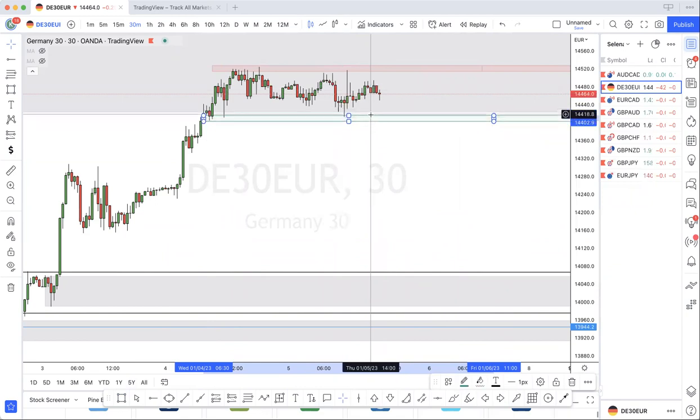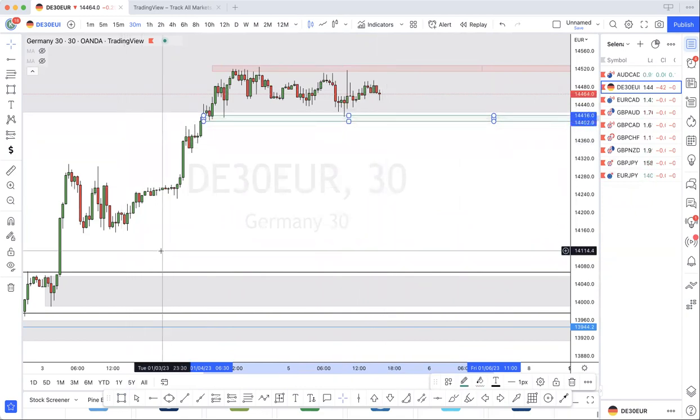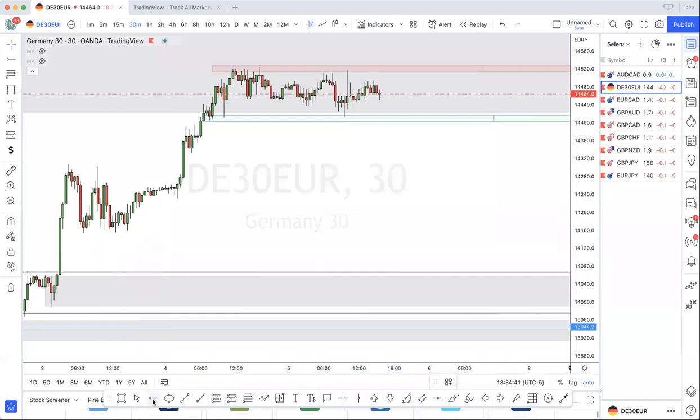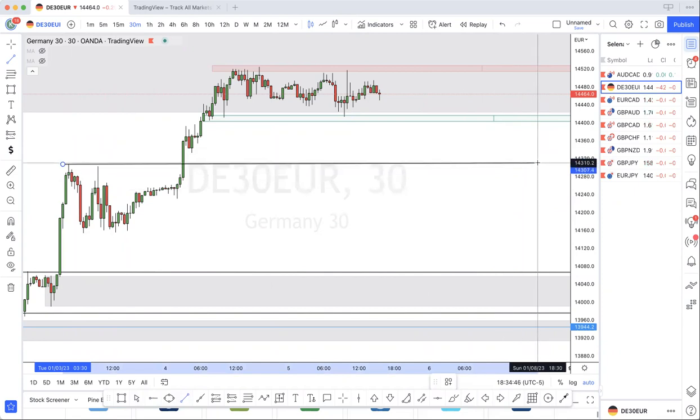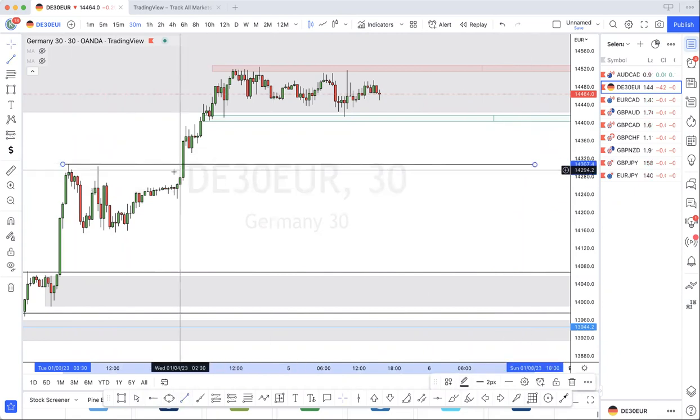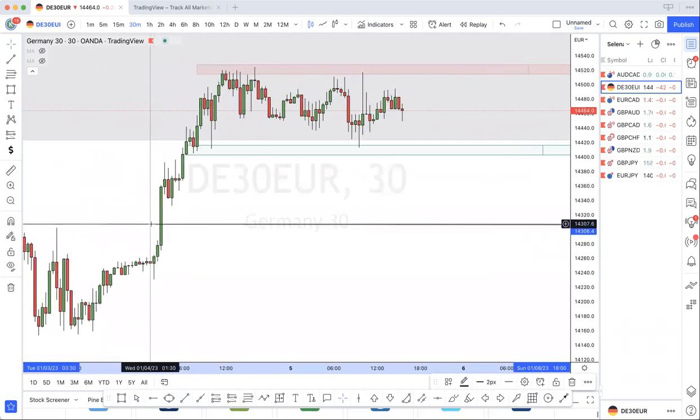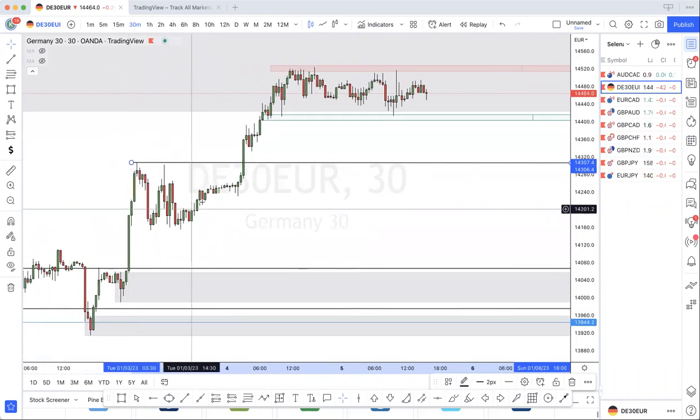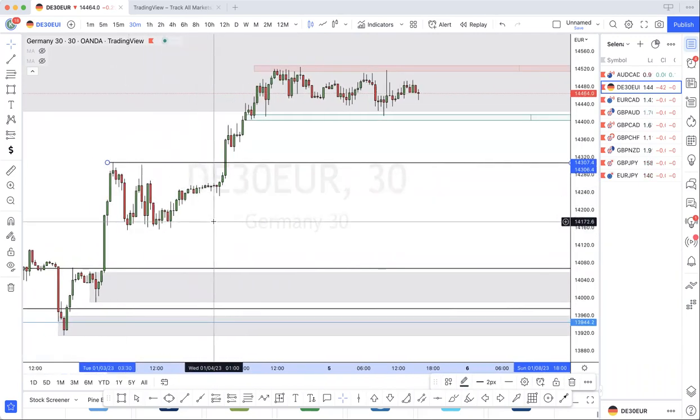So if it breaks below here, then you can at least sell it to these levels. Here's a violated order block where price hasn't come back to test. This is in line with this order block here. It may come down to here, who knows?